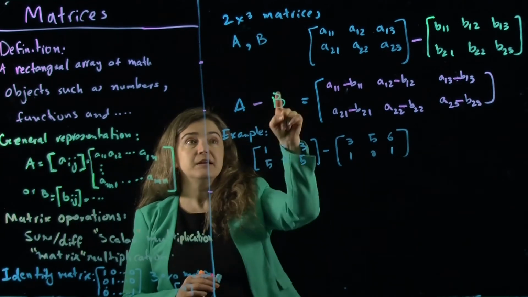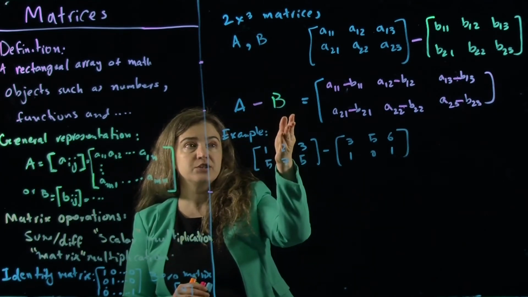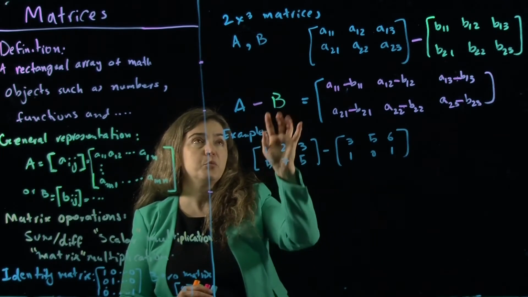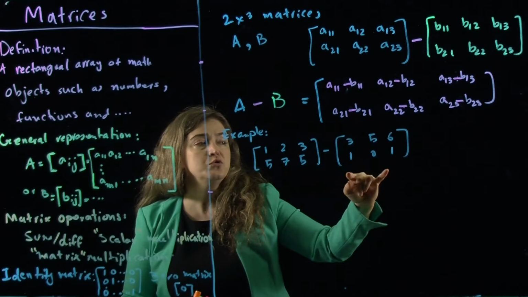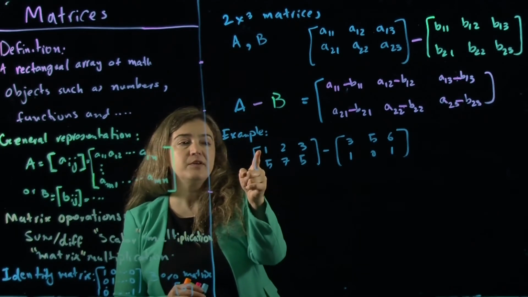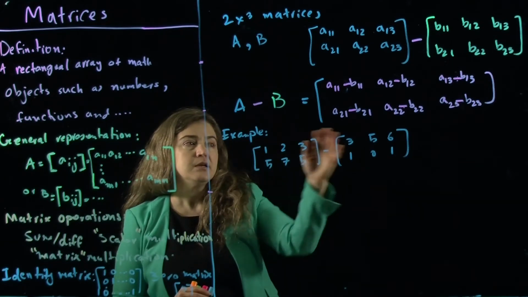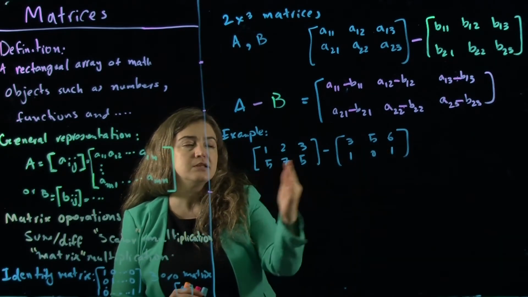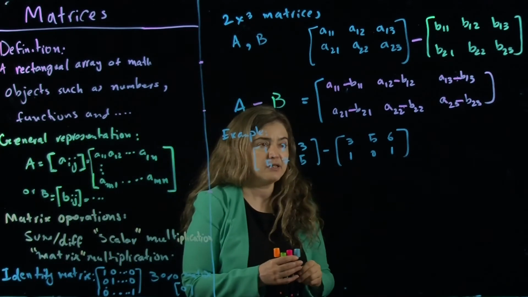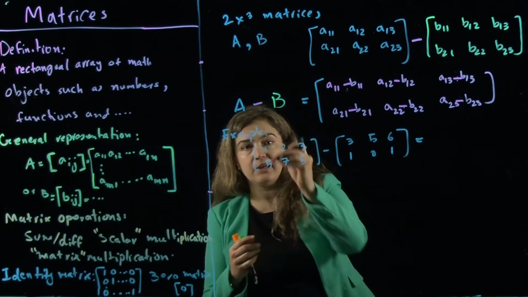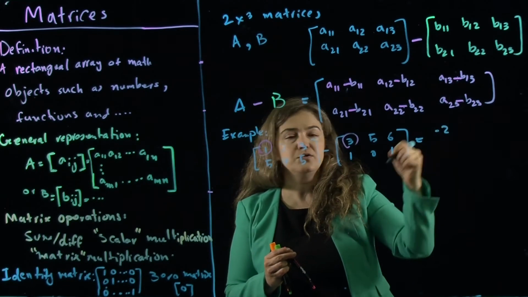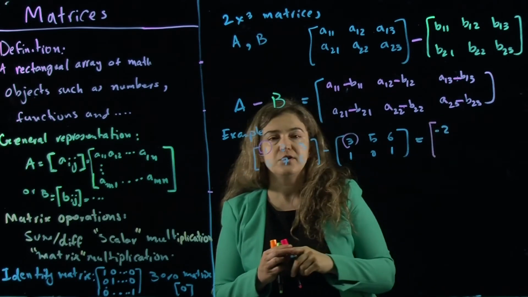And notice again, for both of the operations, sum and difference, the two matrices have to have the same dimension. In this case, both of them have 2 rows and 3 columns. So this is a 2 by 3, this one is a 2 by 3, and we're on the right path. So subtraction again, that minus this, which is -2, goes to the first one.